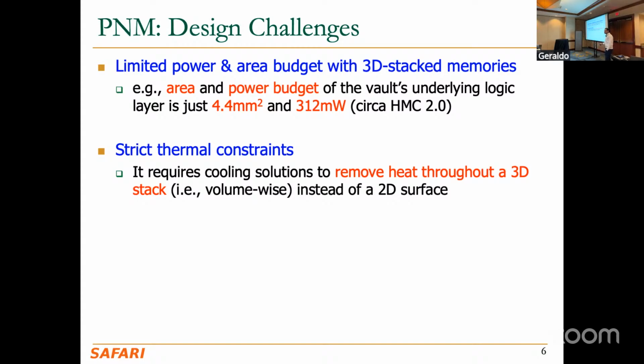And ideally you don't want to put a heat sink on top of your DRAM chip, right? That would include extra costs. So we also need to take into consideration how much heat your circuitry is going to generate, and if you're going to be able to dissipate that heat using whatever passive heat dissipation mechanism inside the DRAM chip itself.